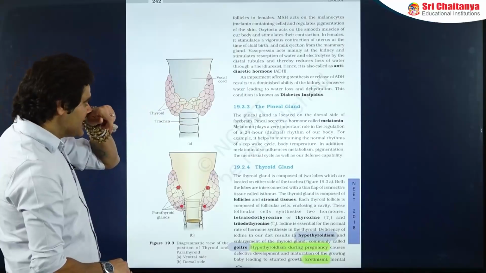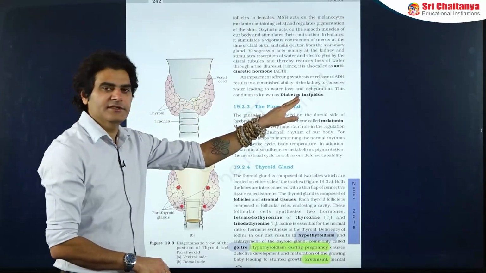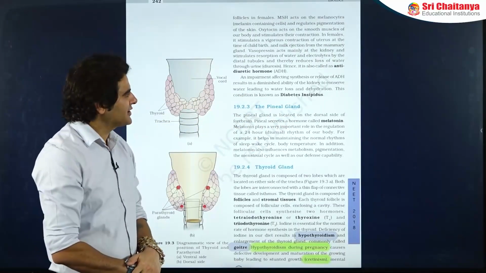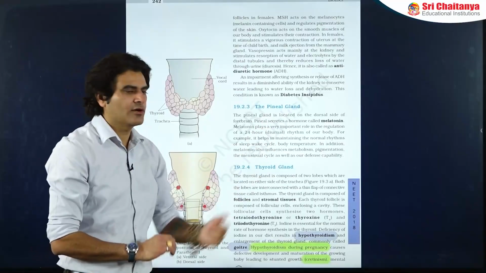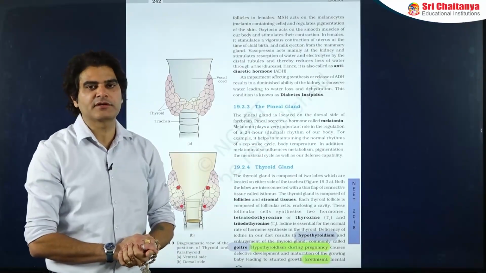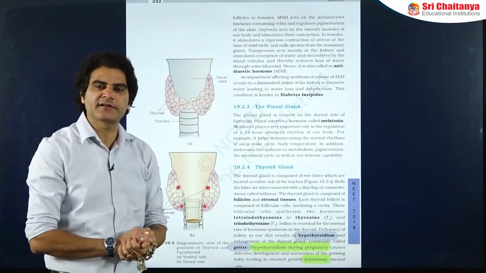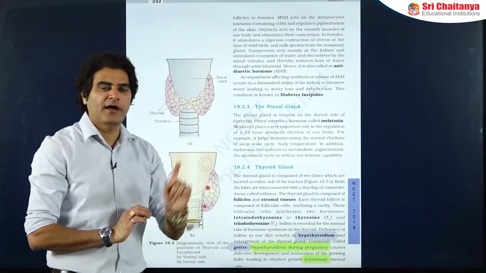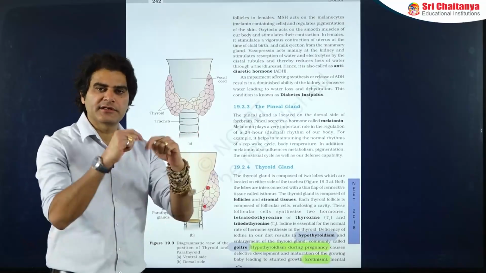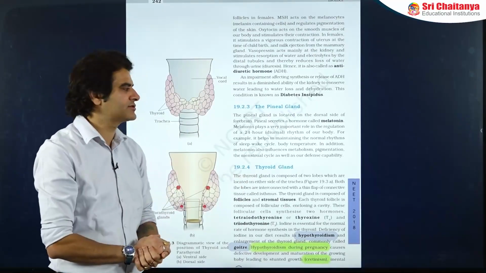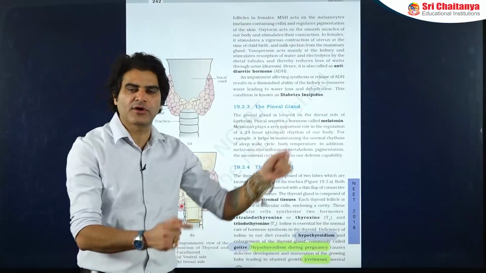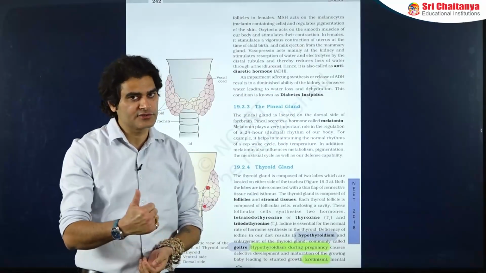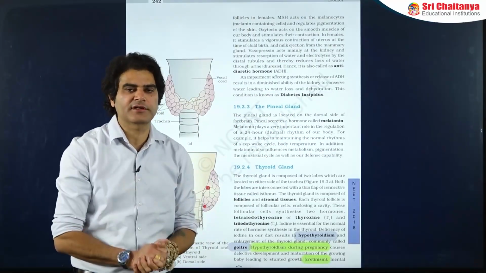Going further to the next important part here from the hypothalamus pituitary axis, the disorder called diabetes insipidus. This is the disorder related to ADH, antidiuretic hormone or vasopressin. Hypothalamus produces ADH, releases it via axons to posterior pituitary, and posterior pituitary releases the hormone in the blood, from where it goes into the kidneys, enhances water reabsorption.